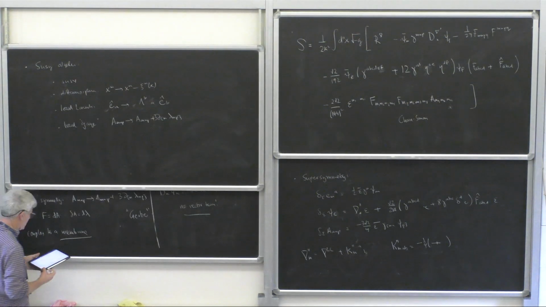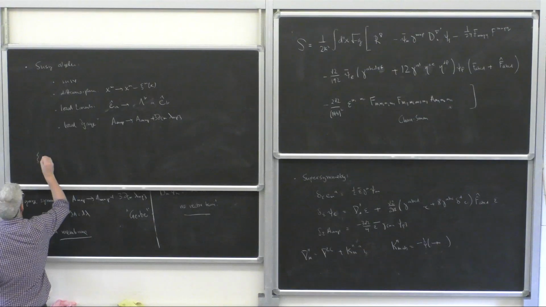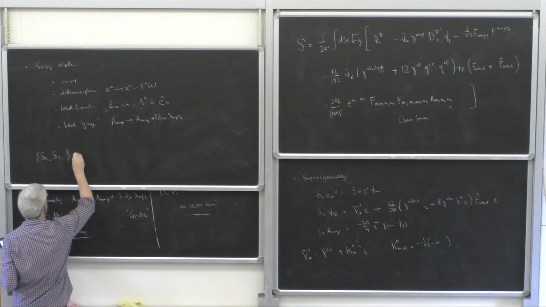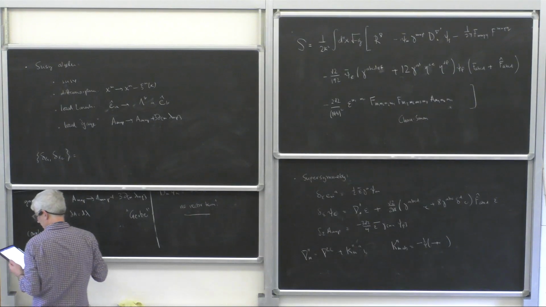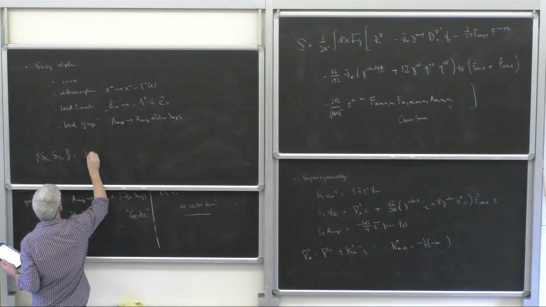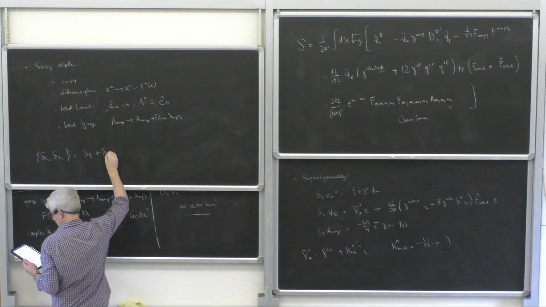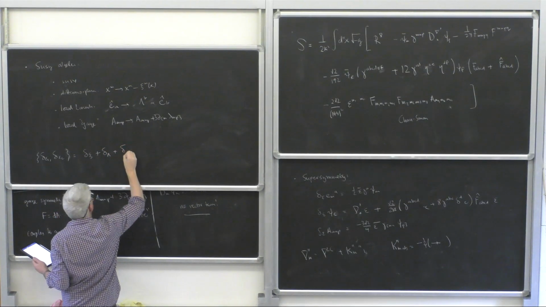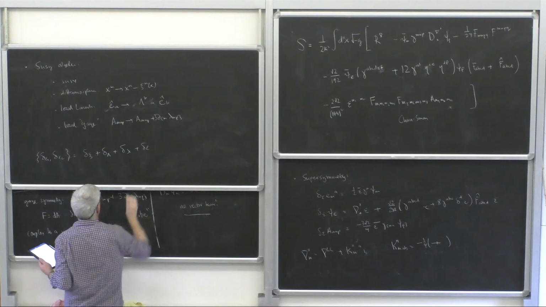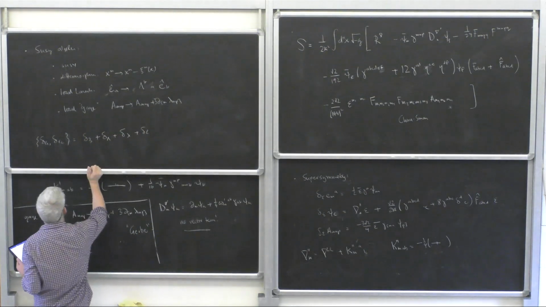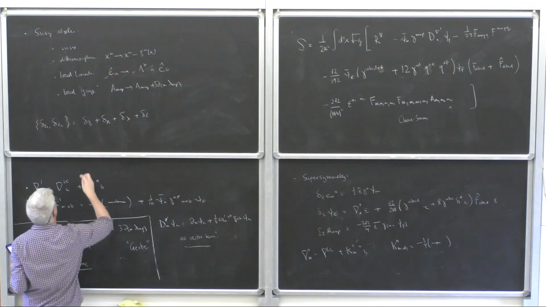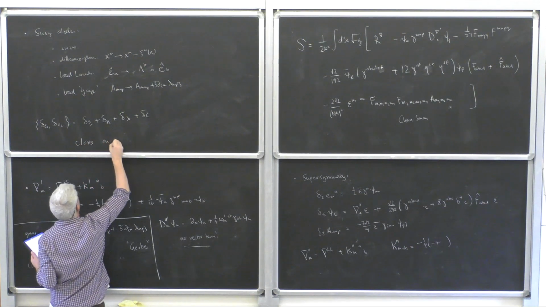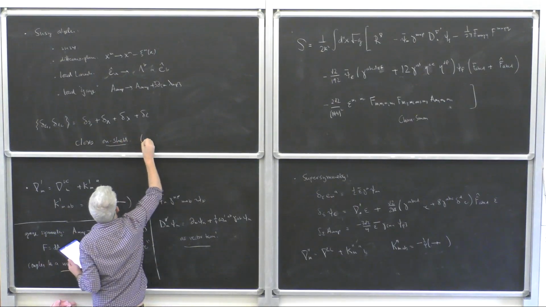So if we do the anti-commutator of 2 supersymmetry transformations, we find that it looks like the combination of a diffeomorphism, of a local Lorentz, of a gauge transformation, and a local supersymmetry. And again, it closes on shell. So again, you need the equations of motion.